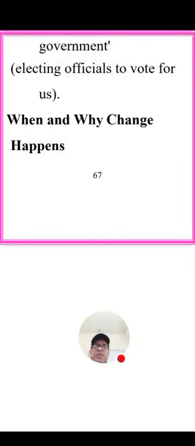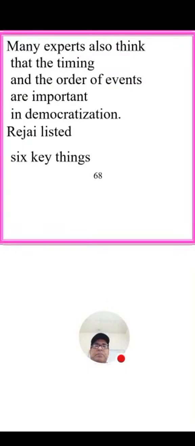When and why change happens. Many experts also think that the timing and the order of events are important in democratization. Timing and order of the events are important in the democratic process.